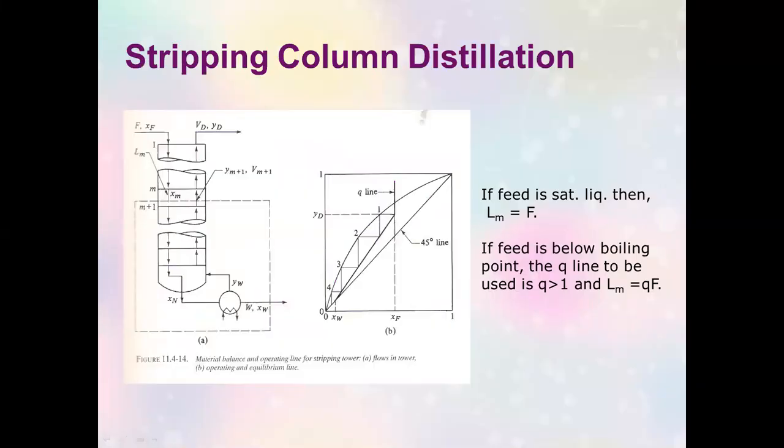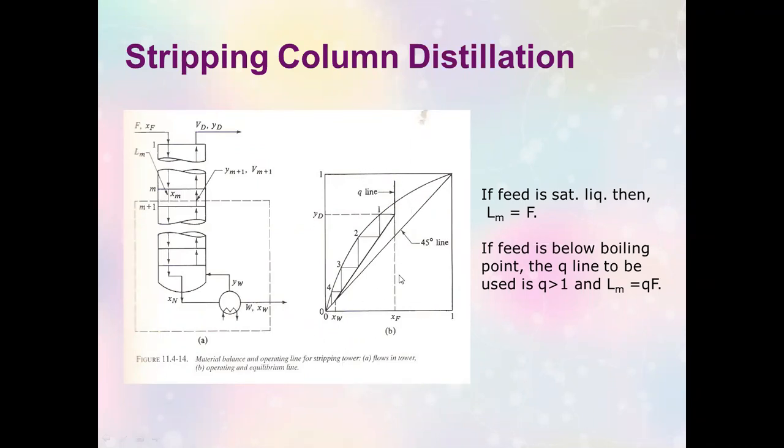Now, as for your stripping column distillation, you have this. Take note, class: your feed at all times in here is saturated liquid. So we cannot have a stripping column if your feed is not saturated liquid. And the procedure, seen graphically, is a lot simpler.